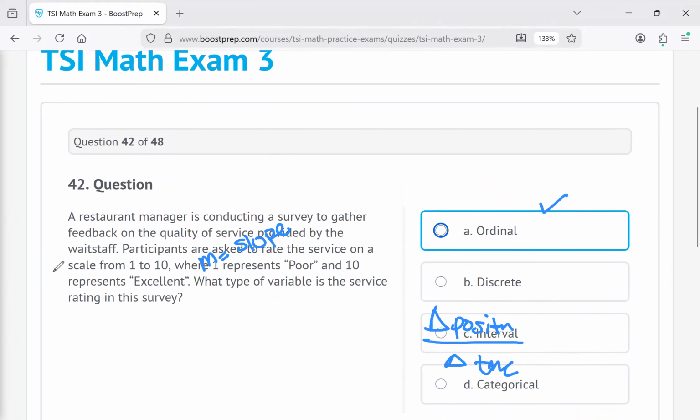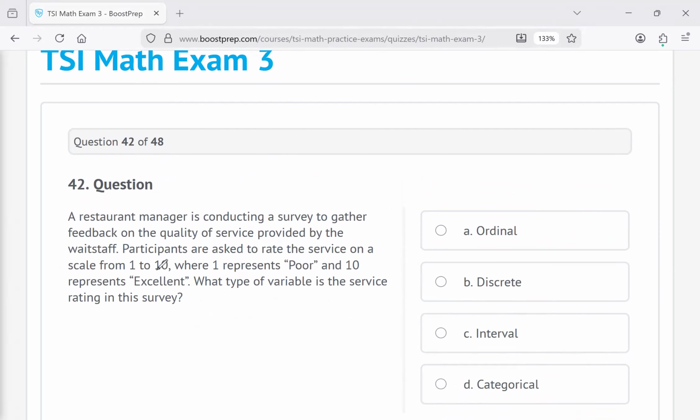Question 42. A restaurant manager is conducting a survey to gather feedback on the quality of service provided by the wait staff. Participants are asked to rate this service on a scale from 1 to 10, where 1 represents poor and 10 represents excellent. What type of variable is the service rating in the survey? So is it A, ordinal, B, discrete, C, interval, or D, categorical?